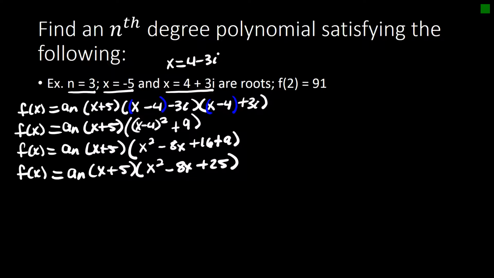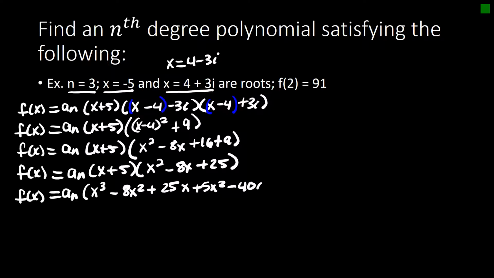And then we're going to need to use the distributive property. We distribute our x through, then we distribute our 5 throughout that second polynomial. So we're going to get x cubed minus 8x squared plus 25x plus 5x squared minus 40x plus 125.